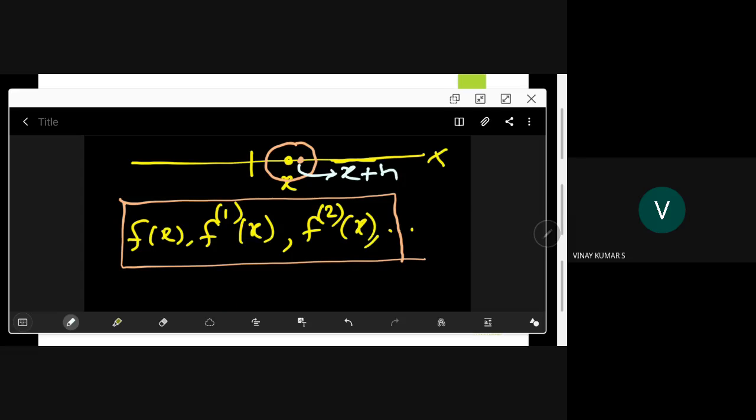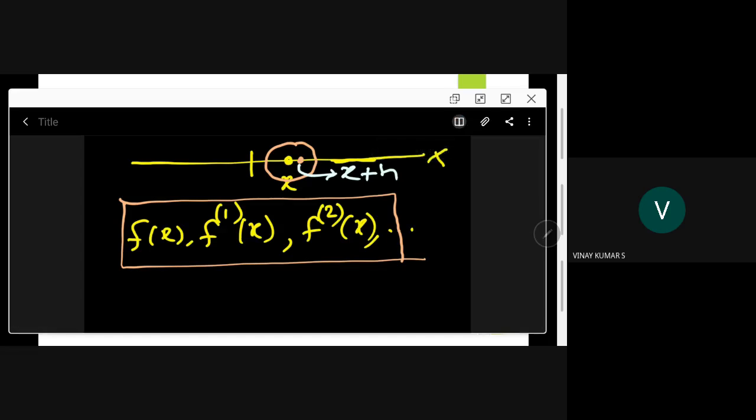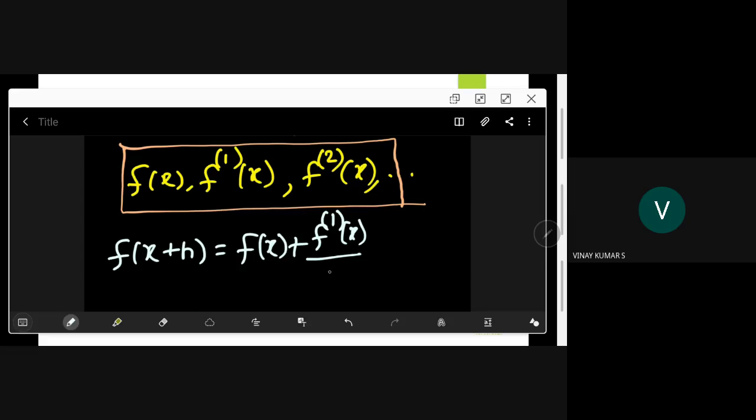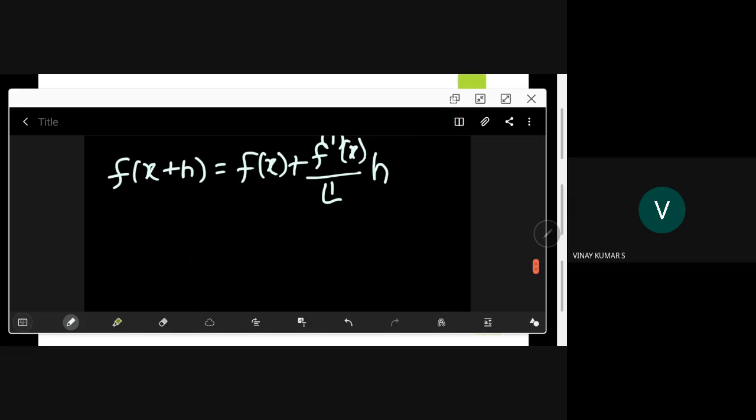By Taylor's expansion, f of x plus h is equal to f of x plus first order derivative of f at x by factorial 1 into h plus second order derivative at x by factorial 2 into h square, like this.